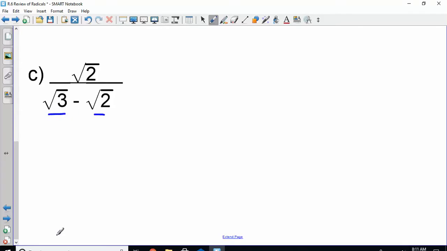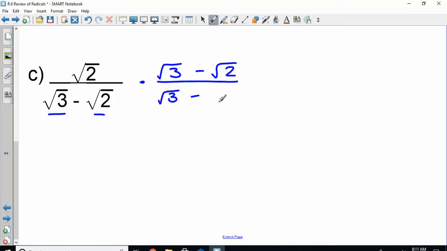So it's not as simple as just multiplying by a square root of 3 or a square root of 2. Anybody remember what you did on those? Don't write this down. On the others, we were just multiplying by the radical.